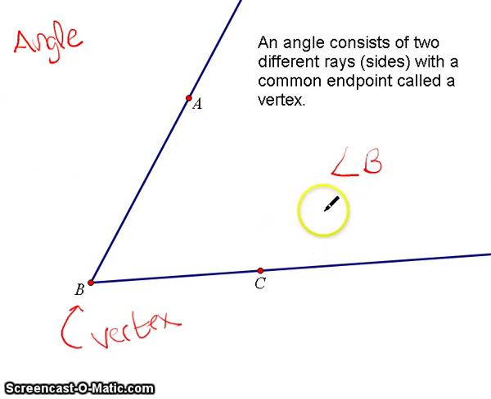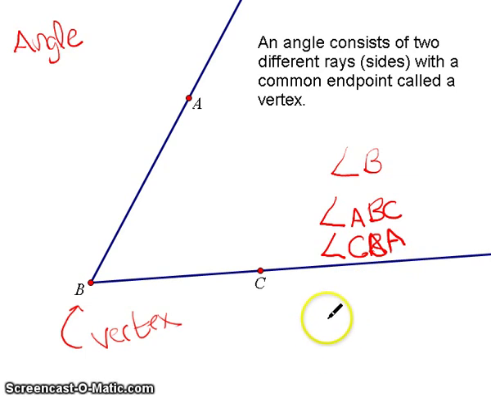You can also name this angle with three letters. So you could put the angle symbol, and then you're going to want to put B in the middle because the vertex always goes in the middle spot if you're using three letters, and then you would go A, B, C. So that's the angle that starts at A, vertex B, and then goes to C. You could also reverse that order and go angle C, B, A, where B is still the vertex.